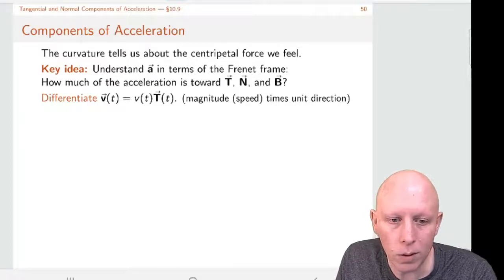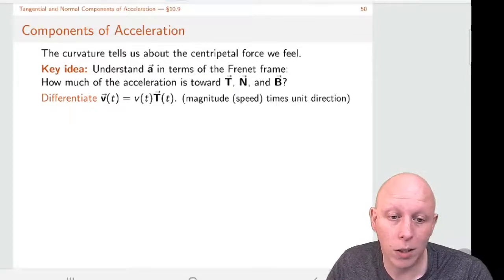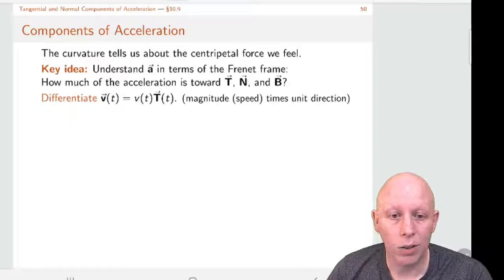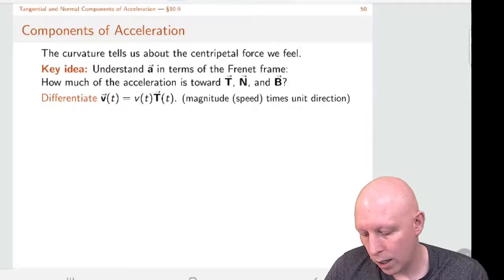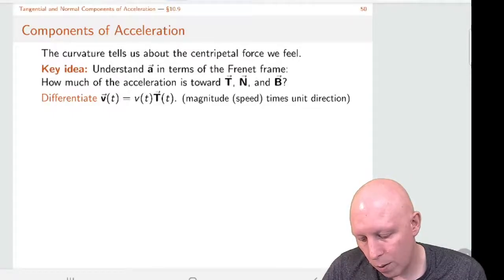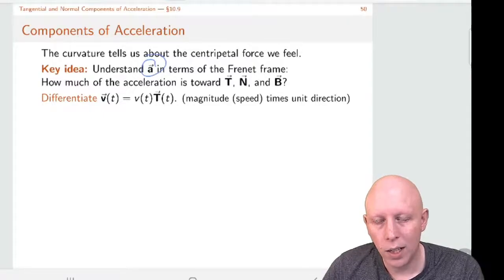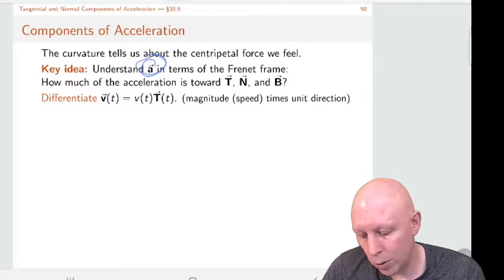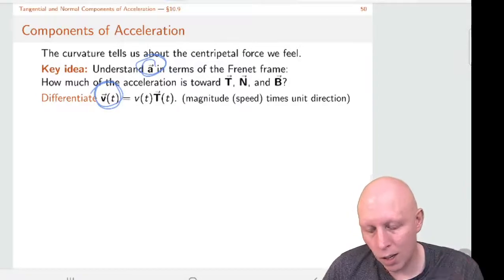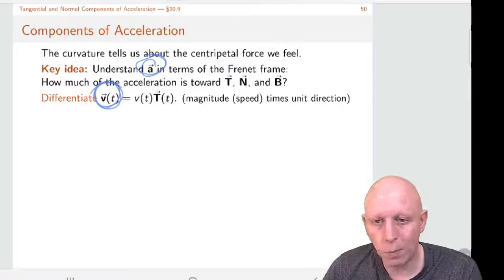So this is a good application of our derivative rules, so let's take a look at this. We'd like to learn about the acceleration, and to do that we need to take the derivative of v of t.